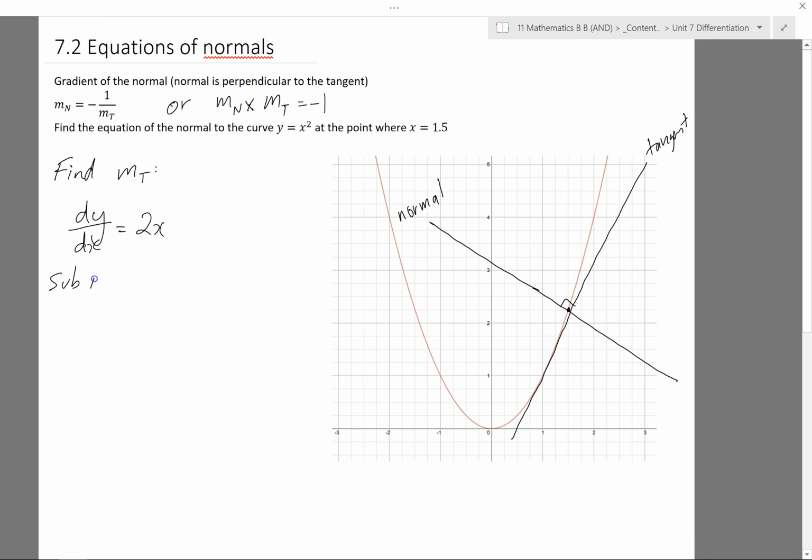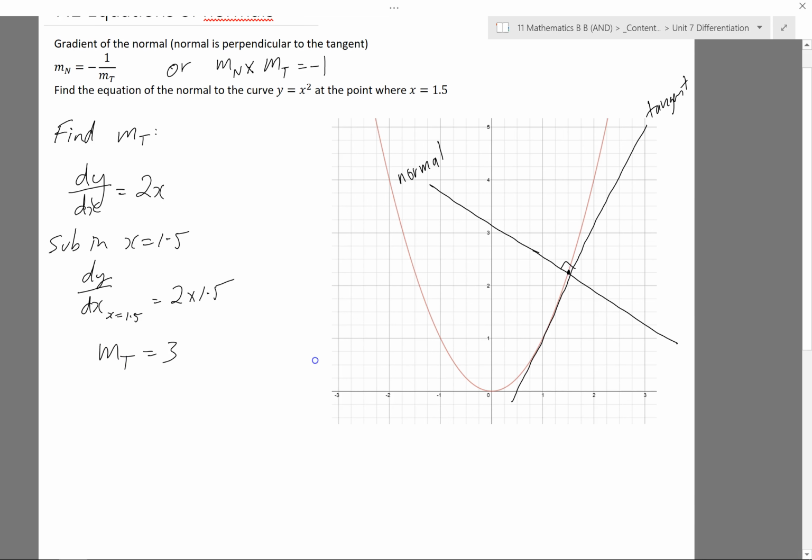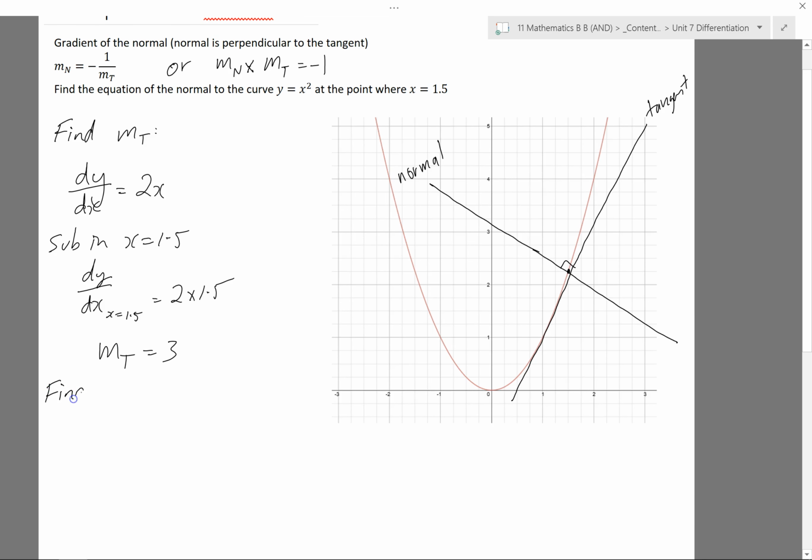So the derivative when x equals 1.5 is 2 times 1.5, which is 3, and that's the gradient of the tangent line. I'm trying to find the gradient of the normal. I know that the gradient of the normal is -1 on the gradient of the tangent, so this will be -1/3, because my gradient of the tangent is 3.